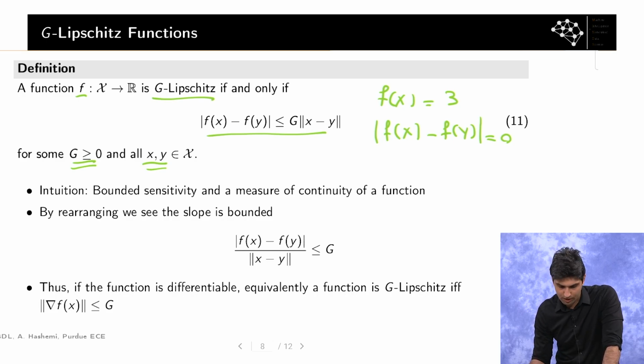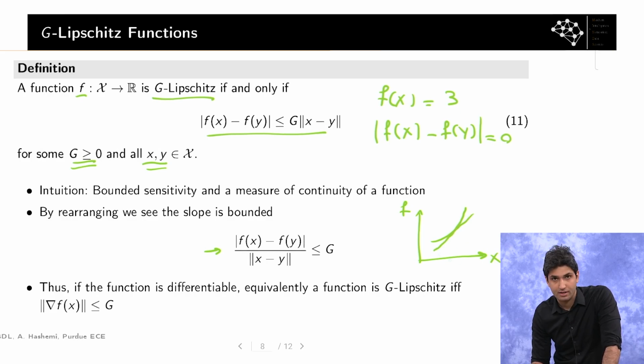Now let's get more intuition, and another way to think of this definition is that we have a bounded slope. By rearranging, we can think of this as a slope, right? Why? If you recall from your calculus courses, if I have a function f here, and this is the x-axis, a slope of the function can be defined as basically the angle that it is forming. So here, for instance, the slope is equal to 1.